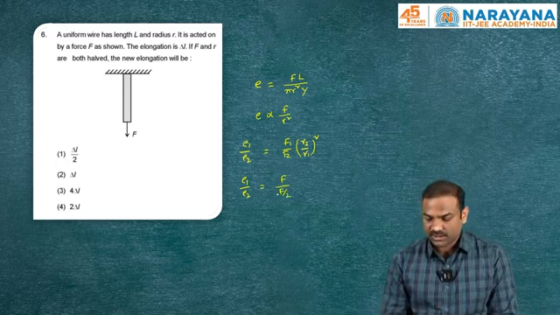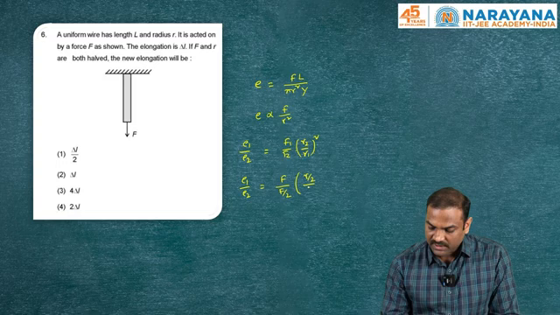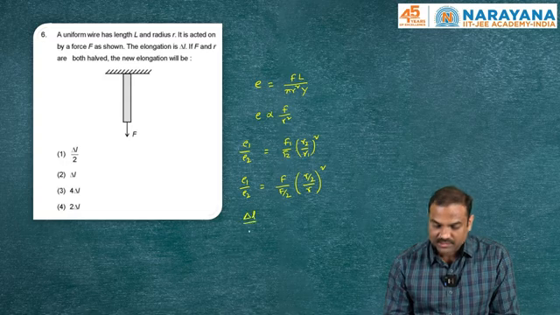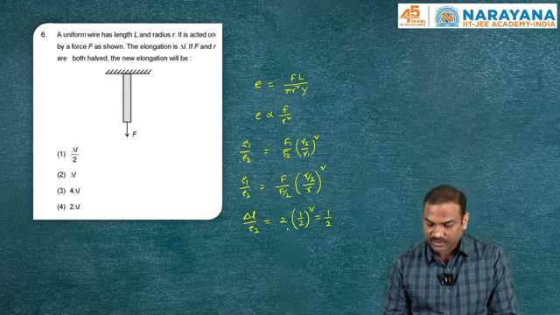I'm taking F by 2 because both force and radius become half, so R2 value will become R by 2 and R1 is R, whole square. E1 value they have given as delta L, and we have to find E2. So this is 2 times multiplied with (1 by 2) whole square, which is 1 by 4, so it will become 1 by 2.